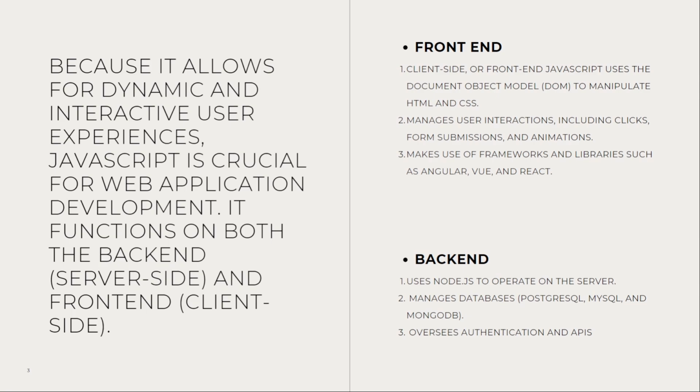It also makes use of frameworks and libraries such as Angular, Vue, and React. Now, most of the libraries you can see over here, Angular, Vue, and React, are all libraries of JavaScript.